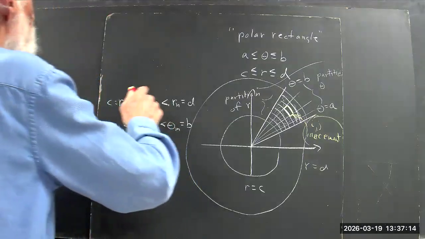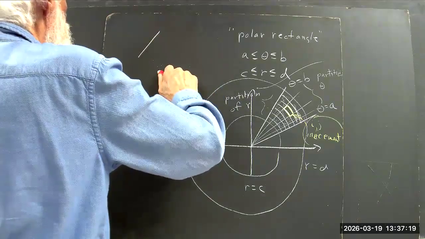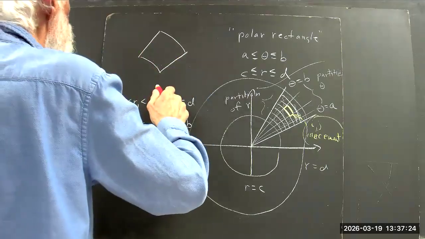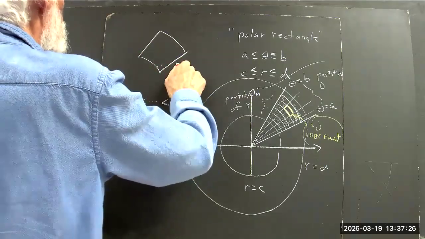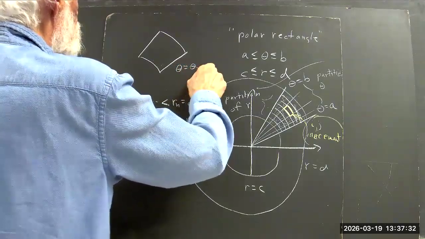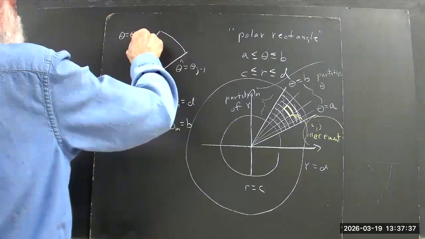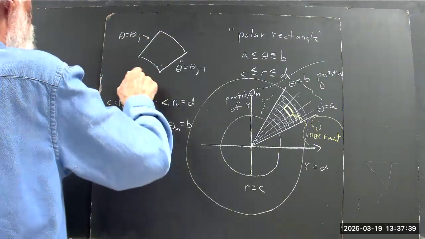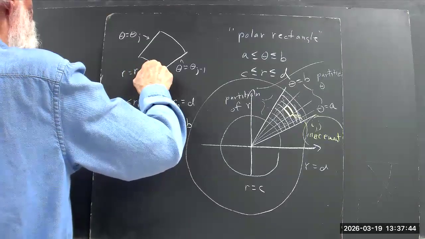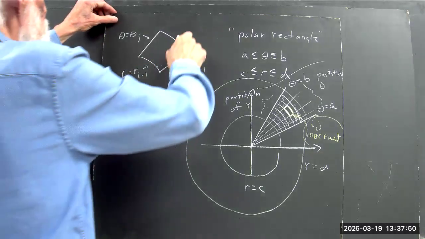Now I'm going to exaggerate the shape of the IJ increment. You notice that the IJ increment, okay, first of all, here's the line theta equals theta j minus 1. And here's the line theta equals theta j. Here's the arc, r equals r sub I minus 1.